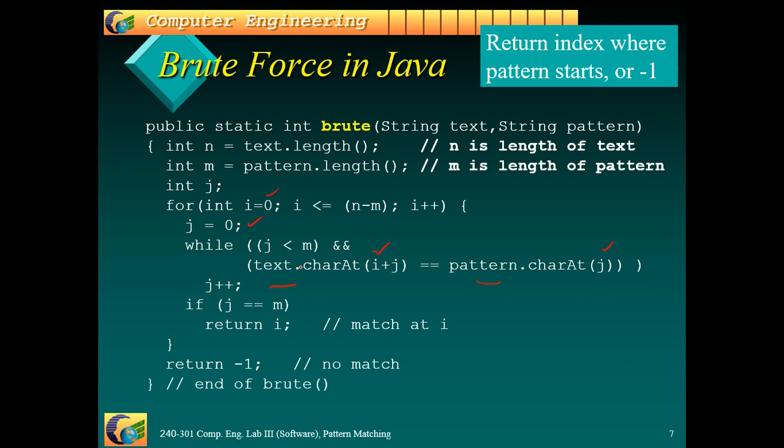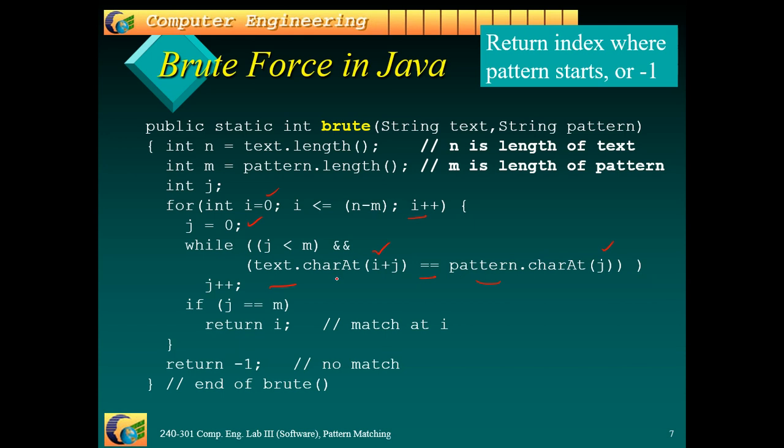i gets incremented whenever there is a mismatch, and you go for the next iteration, right? When there is a match, then you increment j.